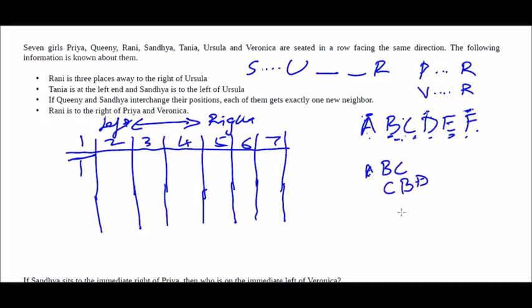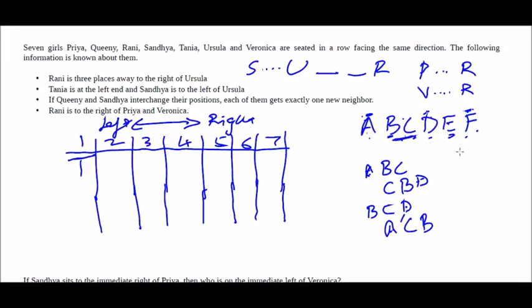C's old neighbors are B and D. C's new neighbors are B and A. So only 1 new neighbor, A here. So if both of them sit together, then there is one scenario.